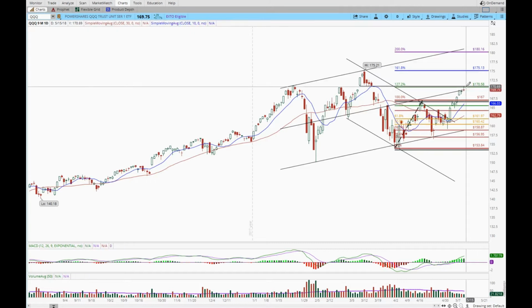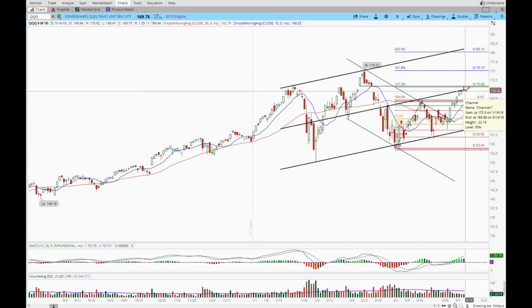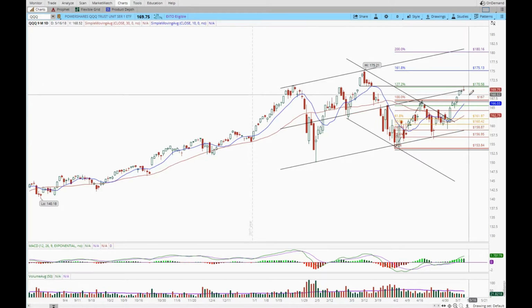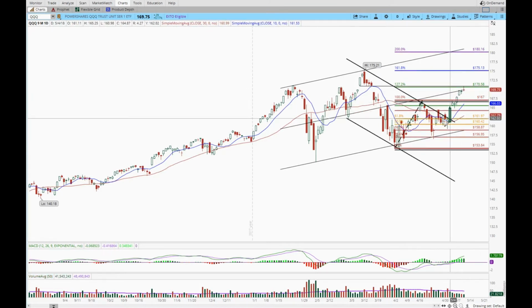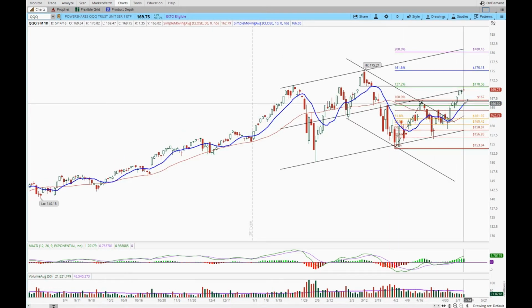So most likely, or what could happen here is that this one could come and test the 167 level. So it could be, I mean, it is attracted. Remember that there's an attraction to the mid points here, or to the mean, which is this 30-day moving average, and then we have here the 10-day moving average.